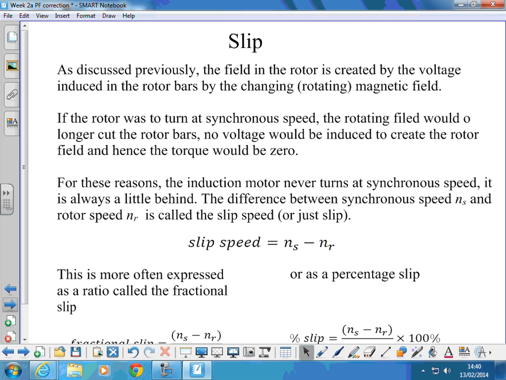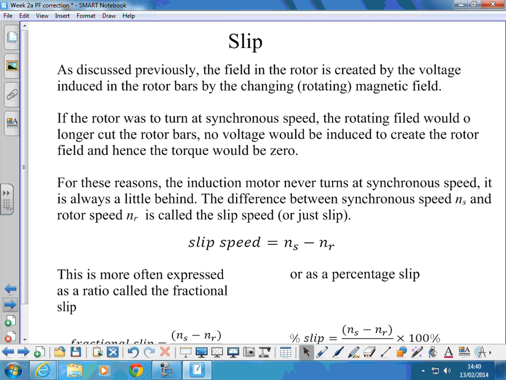So if the rotor was to turn at synchronous speed, the rotating field would no longer cut the rotor bars. We get no voltage induced, no rotor field created, and therefore the torque would be 0. So in a practical sense, that doesn't happen. For these reasons, the induction motor never turns at synchronous speed. It is always a little bit behind.